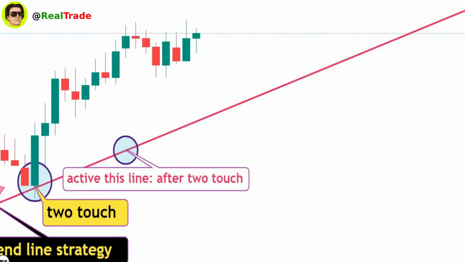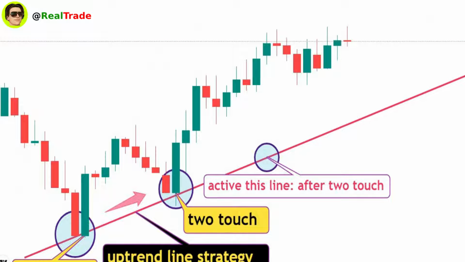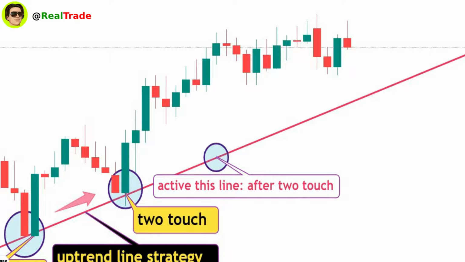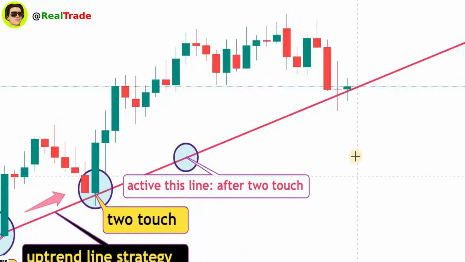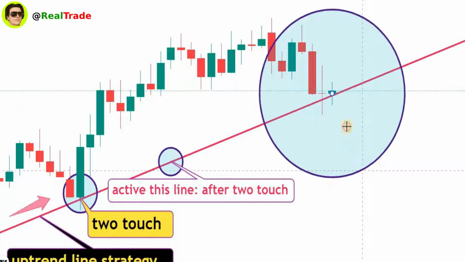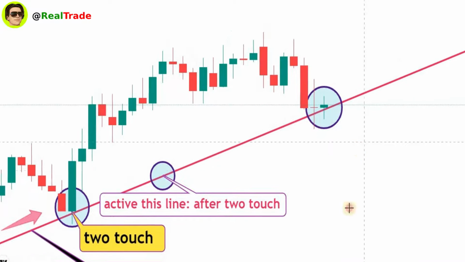Look at the candle. Next. Yes, this fed line, have a two fed line and back price.